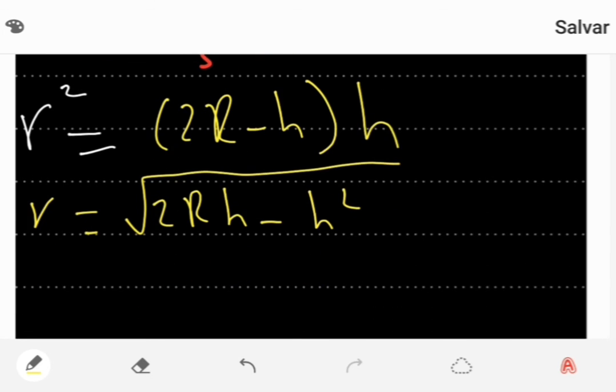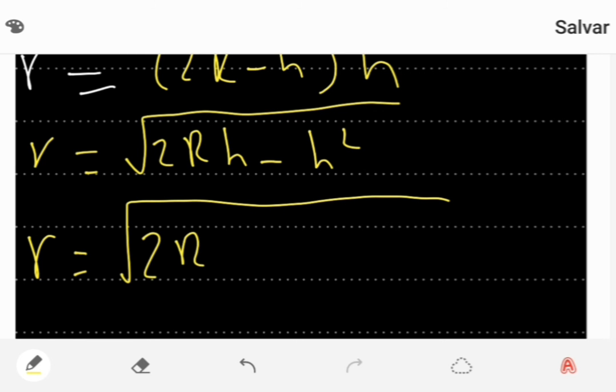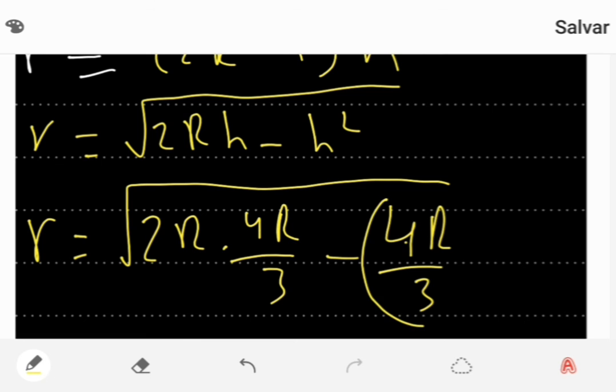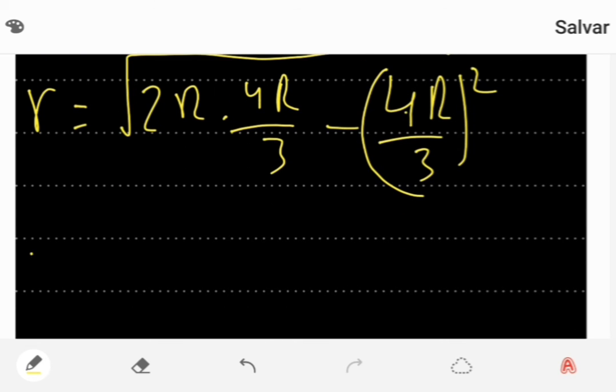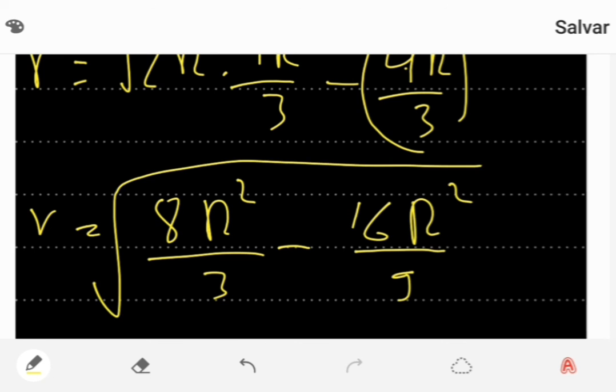And h is 4R divided by 3, so r is equal to the square root of 2R multiplied by 4R divided by 3 minus 4R divided by 3 squared. So r is equal to 8R squared divided by 3 minus 16R squared divided by 9, all to the square root.